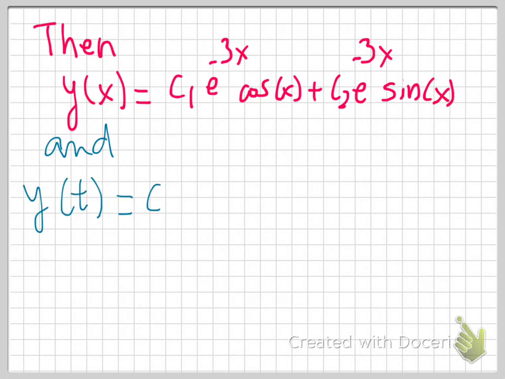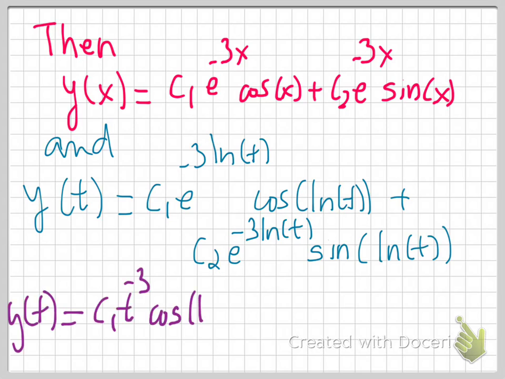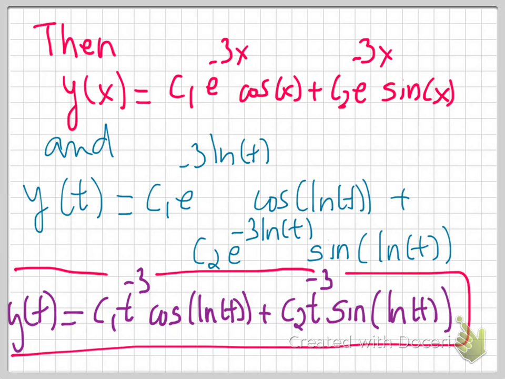Then you just plug ln t into x to get the solution y in terms of t. Simplify your functions to get the final solution: c1 t to the negative 3 cosine of ln t plus c2 t to the negative 3 sine of ln t.